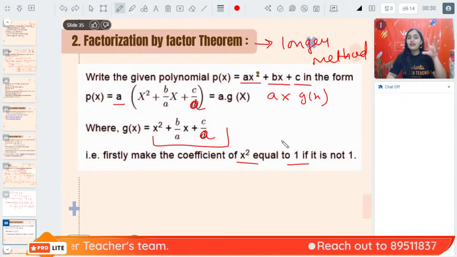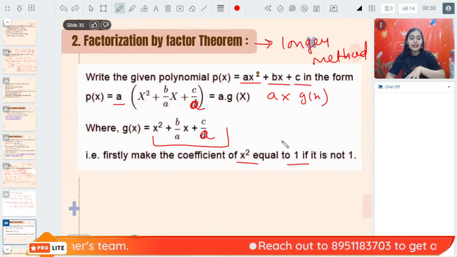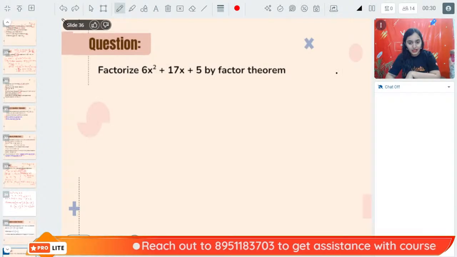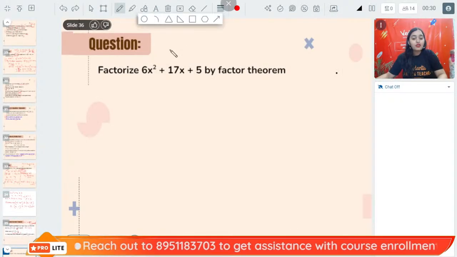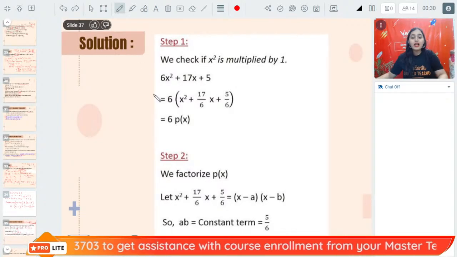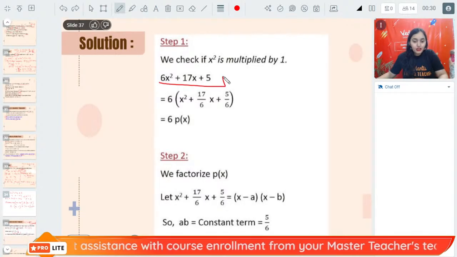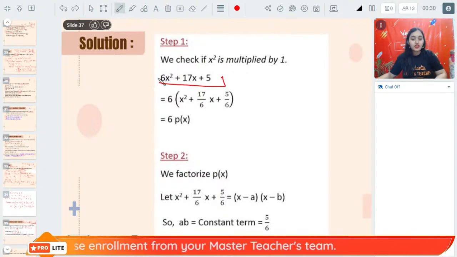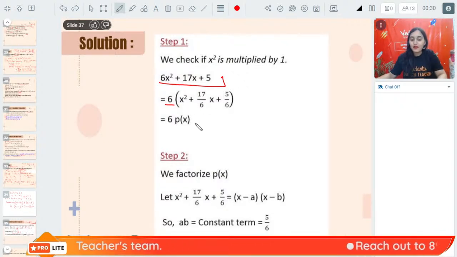Then by trial and error, we are finding out the factors of this particular g(x) polynomial. Okay. So how to factorize this expression by factor theorem? First of all, divide the polynomial by 6, that is, divide it by a. So when I am dividing it by a, 6 is common. X square plus 17 upon 6 x plus 5 upon 6.